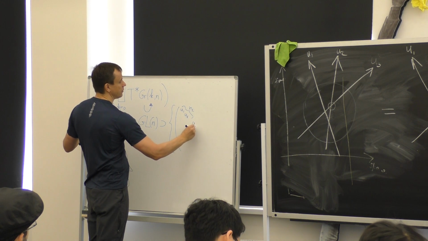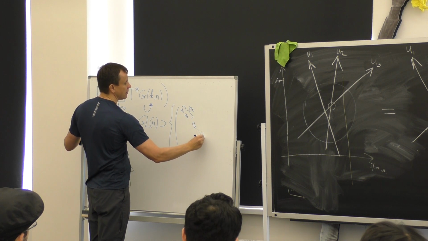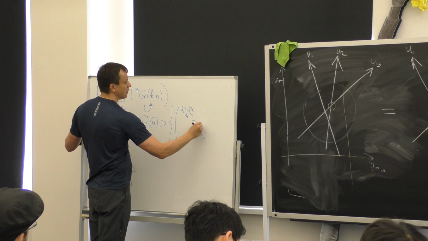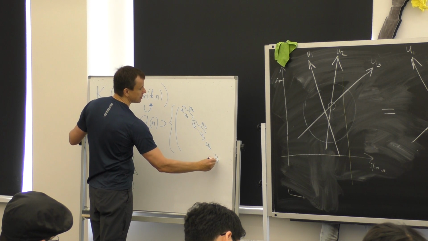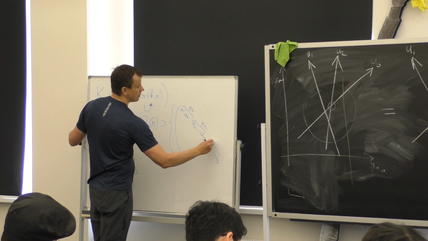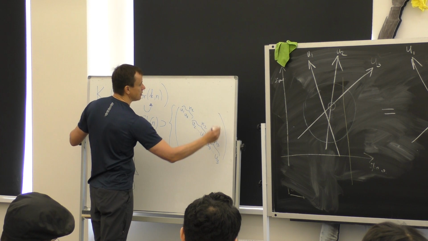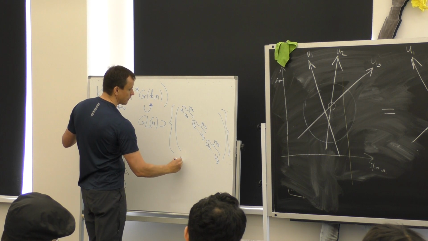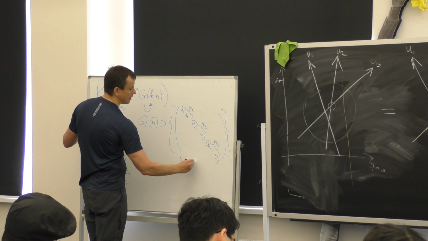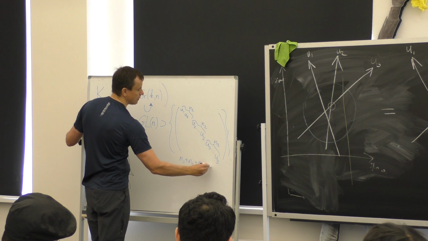Then the variable called U2, repeated n2 times. And then the variable called U3, repeated n3 times, where n1 plus n2 plus n3 equals n.